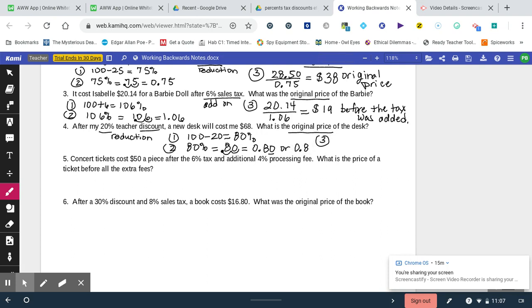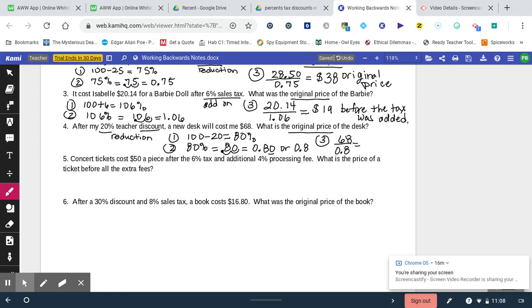And the third step, instead of multiplying the decimal and the number, I'm going to take that number and divide it, because I'm working backwards to find the original cost. What was it before the discount? So anytime you're looking for the original cost, make sure you're dividing and not multiplying by the decimal, okay?